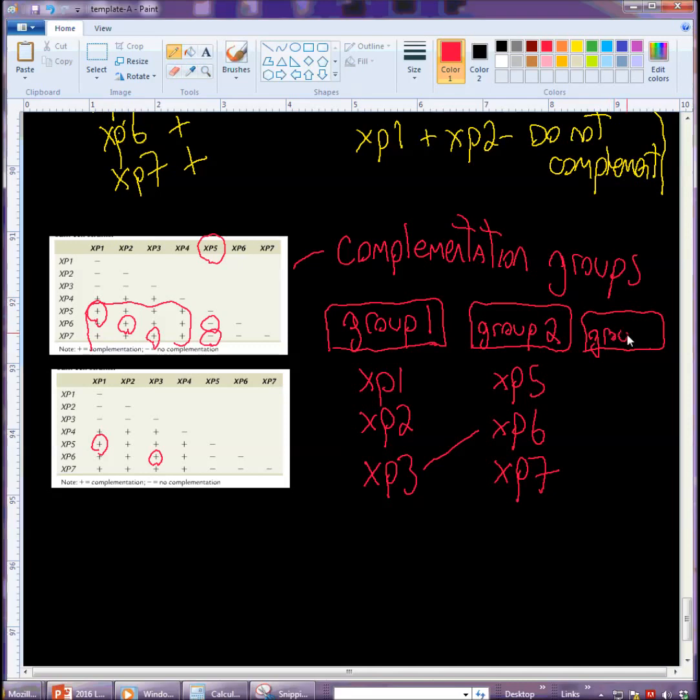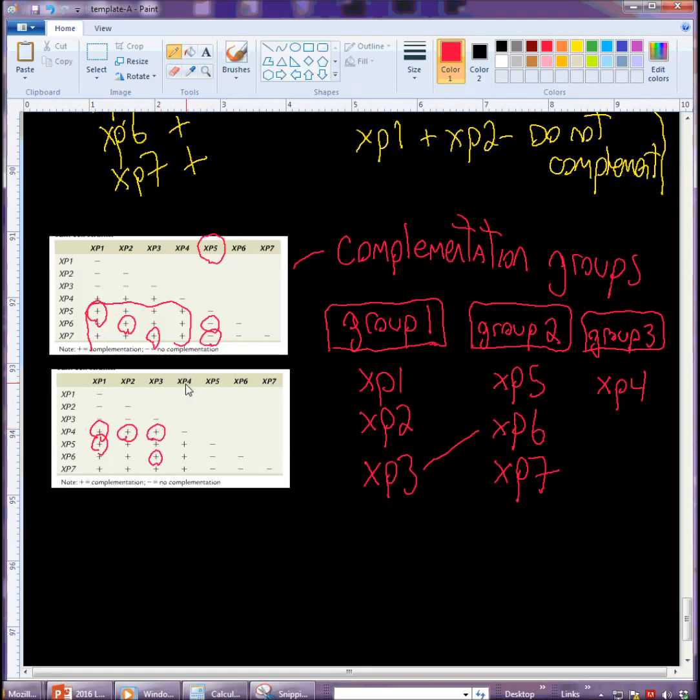We have one more group, and it's a lonely group, and it's just XP4. So take a look at XP4. So XP4, when we combine it with XP1, yes, complements XP1, complements XP2. When I say complements XP2, I mean it complements unscheduled DNA synthesis when combined into a heterokaryon with XP2.